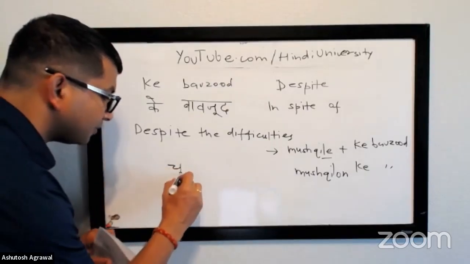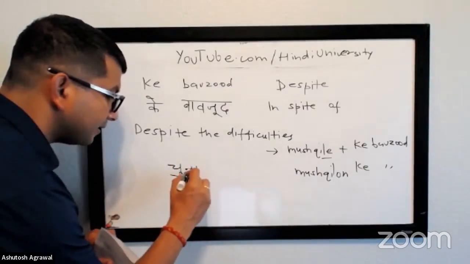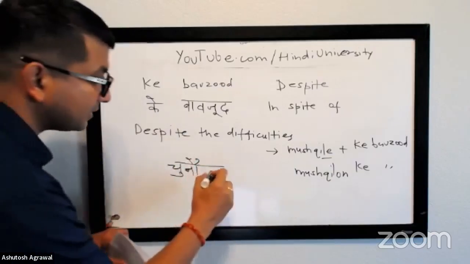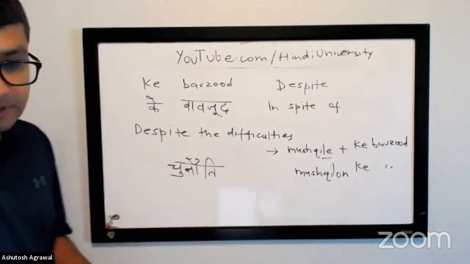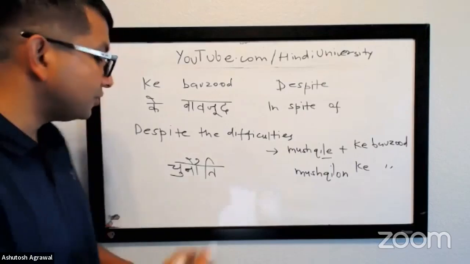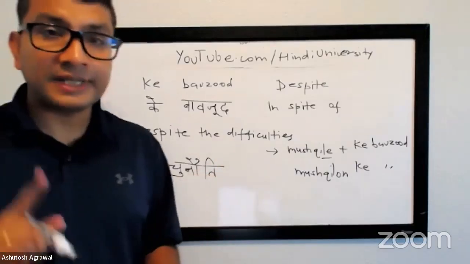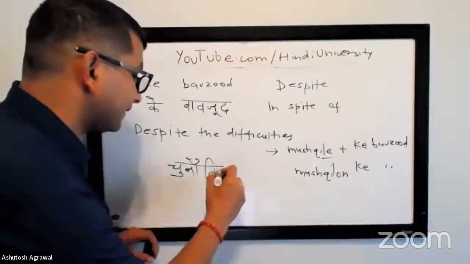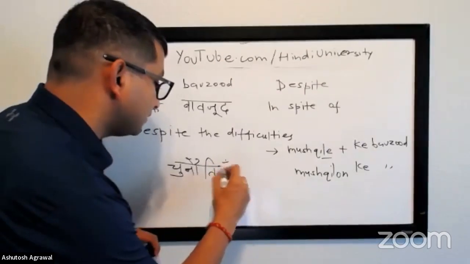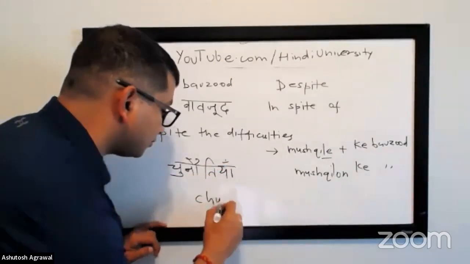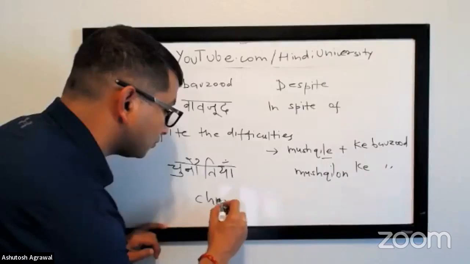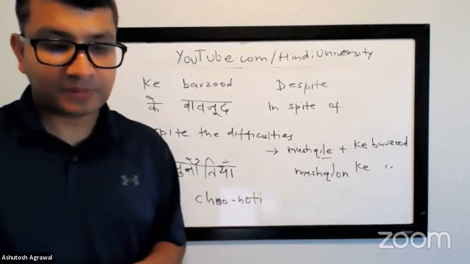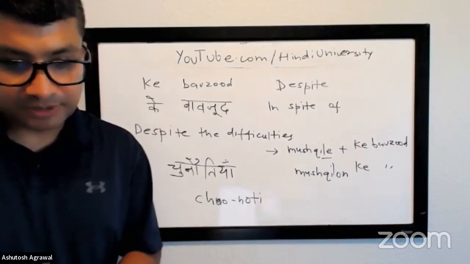It's like ch with u, and then na with cho, and then you have ti with e, chunauti, right? So चुनौतियों के बावजूद. Chunauti is one challenge. चुनौतियाँ is plural. So the word is chunauti, चुनौतियाँ. Okay, चुनौतियों के बावजूद.